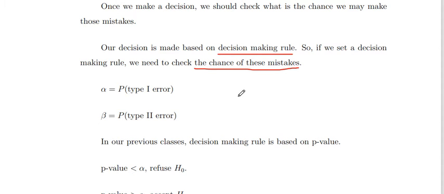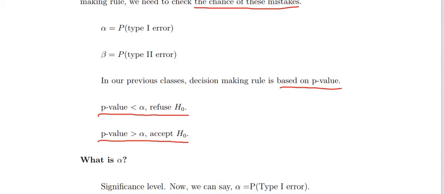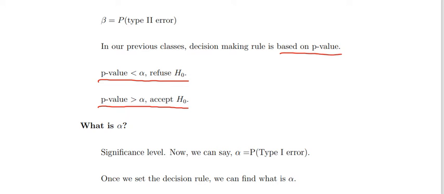Before, we said we make our decision based on the p-value, and the decision-making rule is like that. If the p-value is less than alpha, the p-value is small, we will reject H0. If the p-value is larger than alpha, we will accept H0. So what is alpha? Before, we said alpha is the significance level.